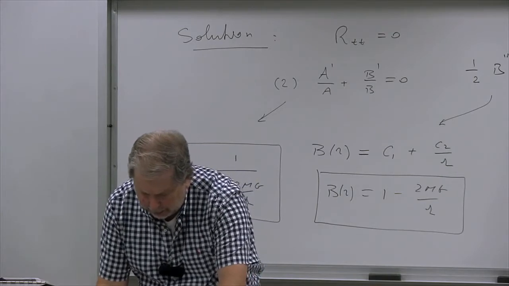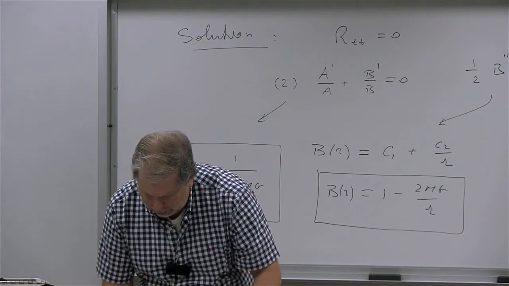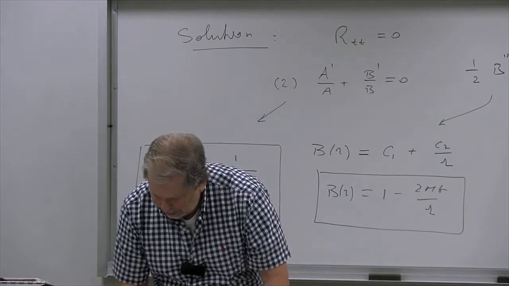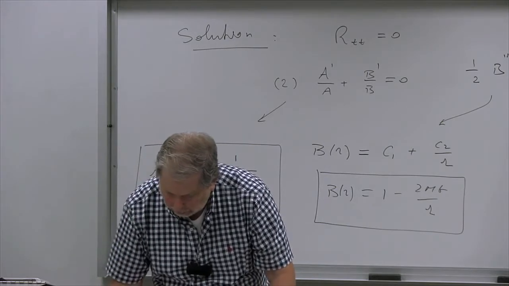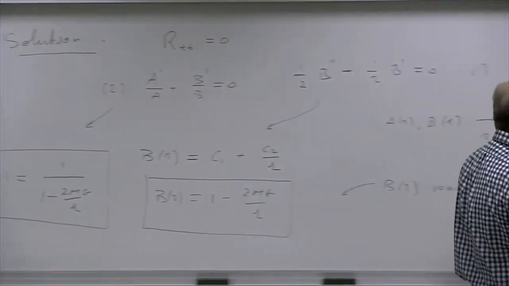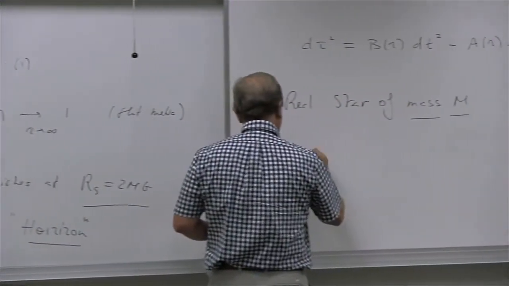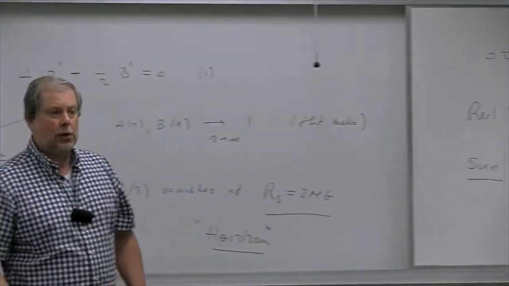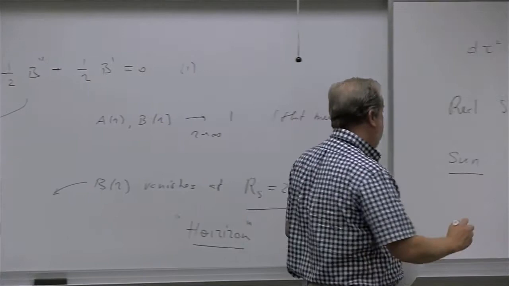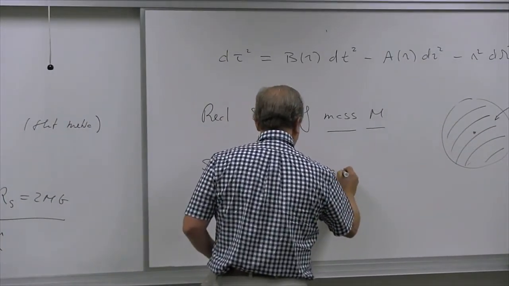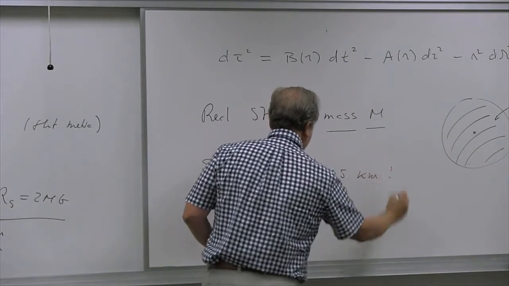sizes we get for different mass objects. And so, for example, if we look at the sun, then the mass of the sun, of course, is known. Newton's constant is known as well. And so in that case, Rs is about 2.95 kilometers, right?